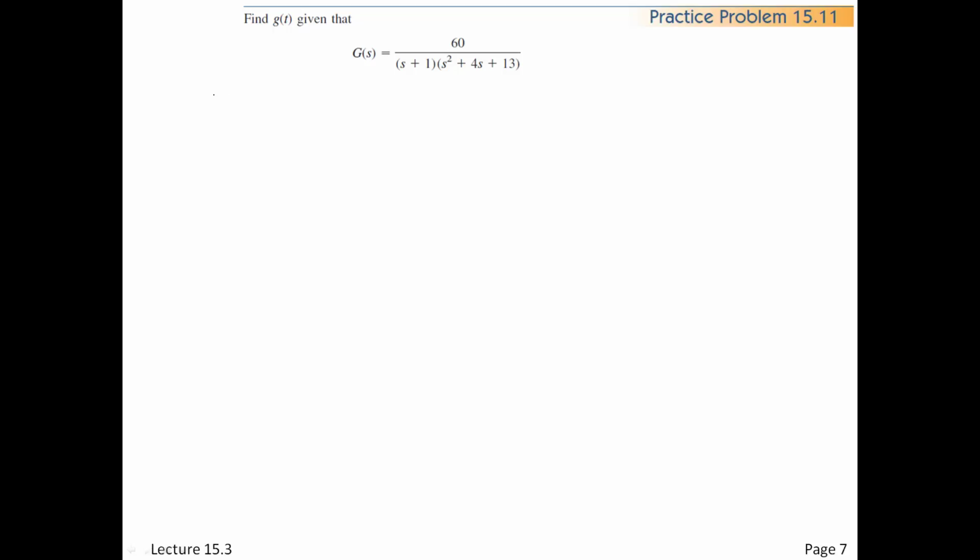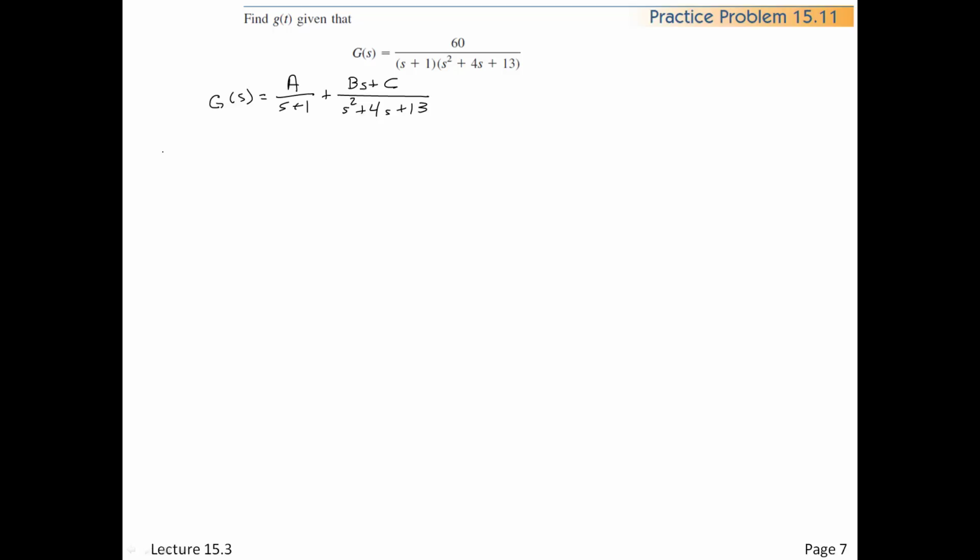So we're going to write G(s) as A over s plus 1, so we've got a simple pole there. And then we've got a complex pole, right? So we'll write this as (Bs plus C) over our s squared plus 4s plus 13. Okay, now we just have to find some way to solve these.